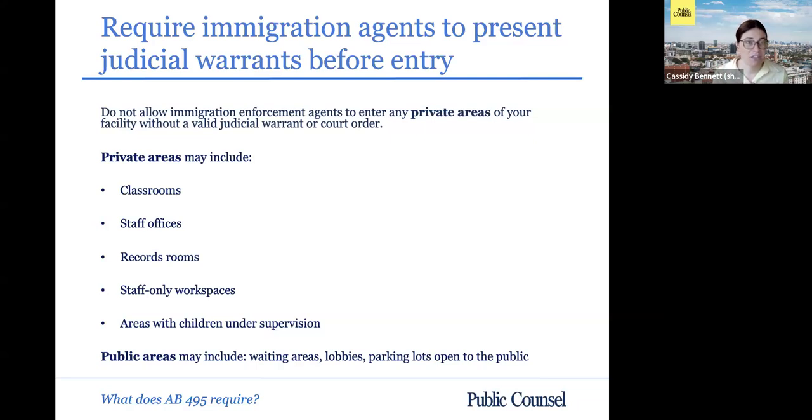If an immigration agent comes to your childcare business and asks to enter, you can require that the agent show you a judicial warrant or court order before you let them in to those private spaces. So that's the benefit of having those private areas. If you receive a warrant or a court order, you'll need to review it yourself, and I'll talk a little bit about what it looks like on the next page.